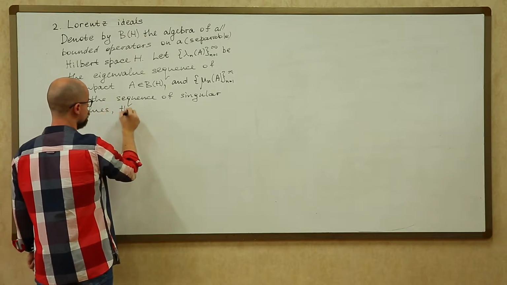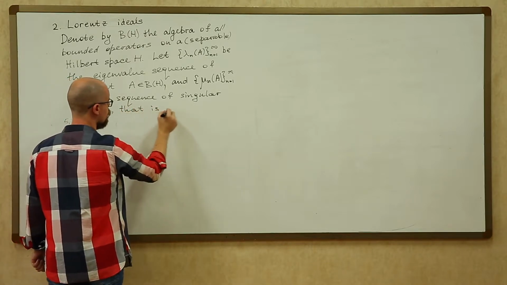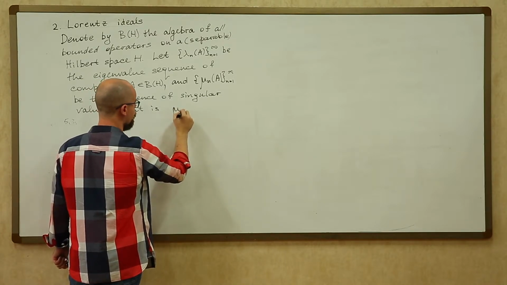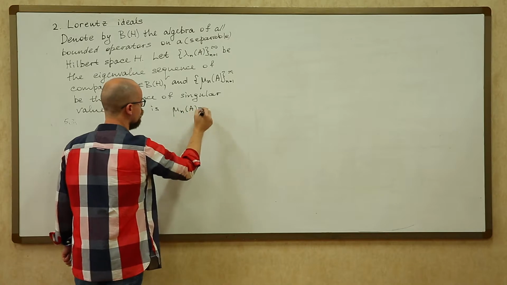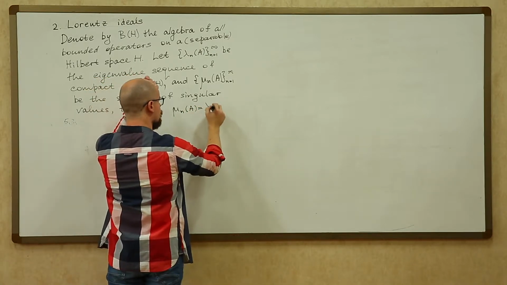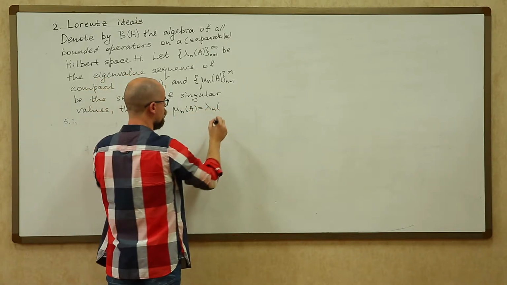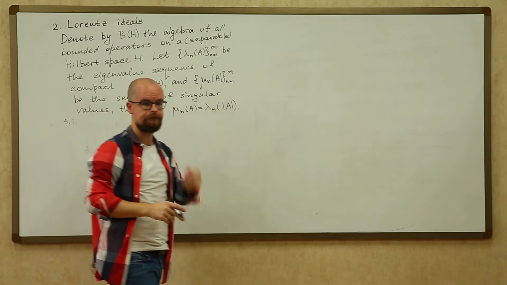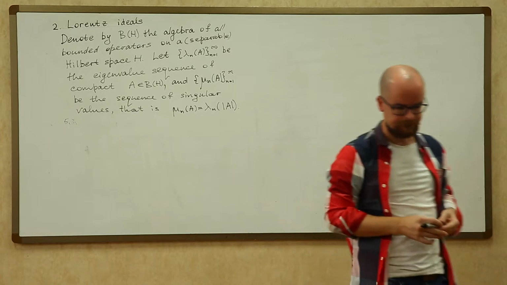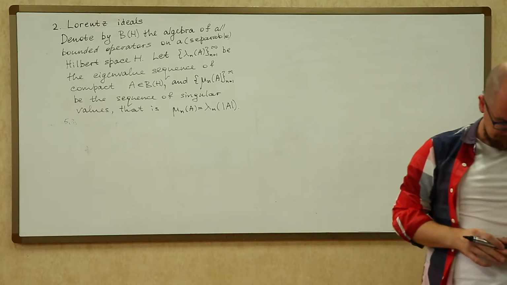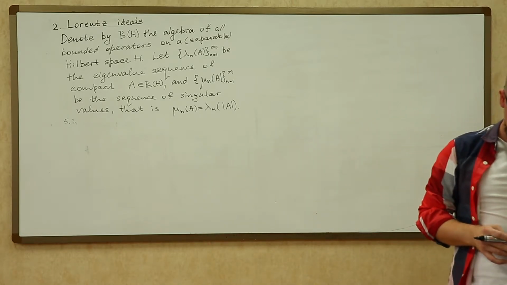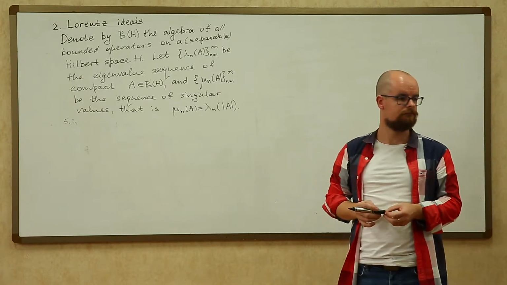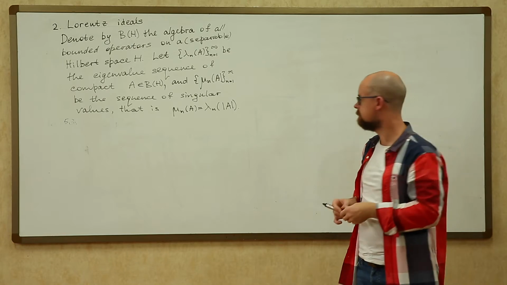That is, mu n of A is nothing but the eigenvalues of the absolute value of A. Any questions so far? Okay.